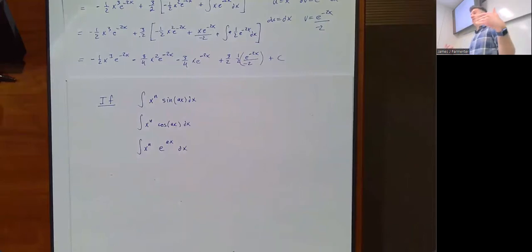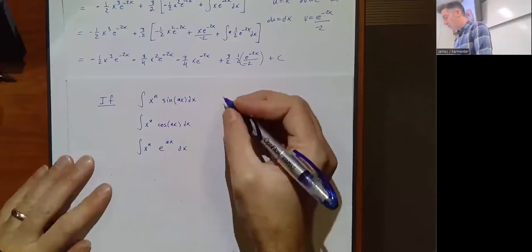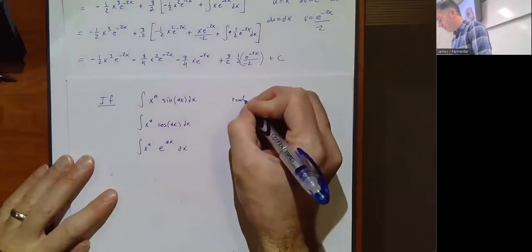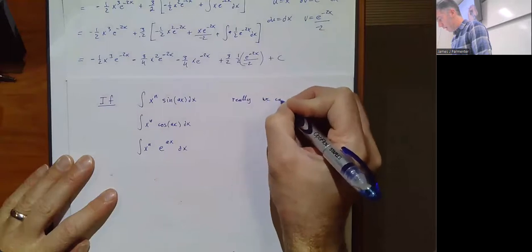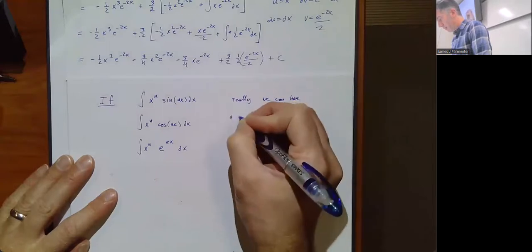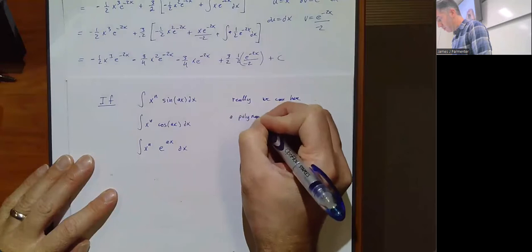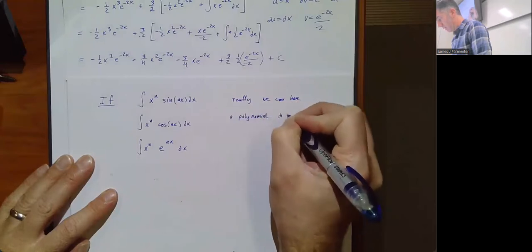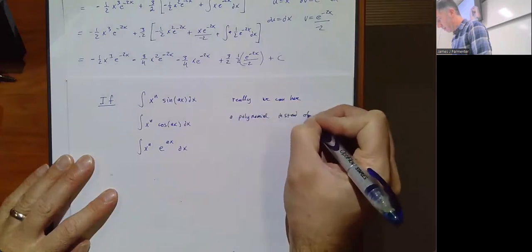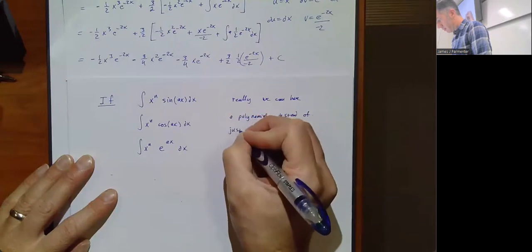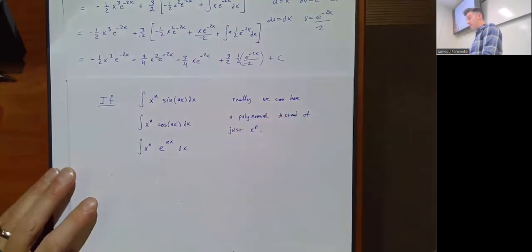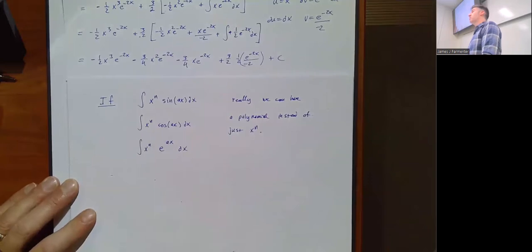You can have like x to the 3rd plus 5x squared plus 2x, right? It can be more complicated. So really, we can have a polynomial instead of just x to the n. But if we have something like this, we can use this method.